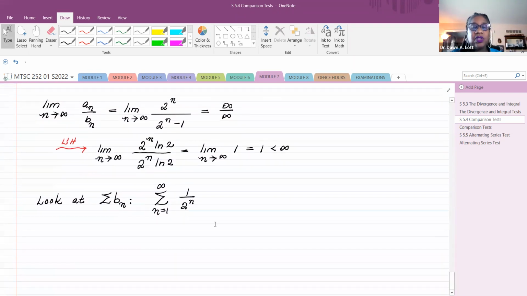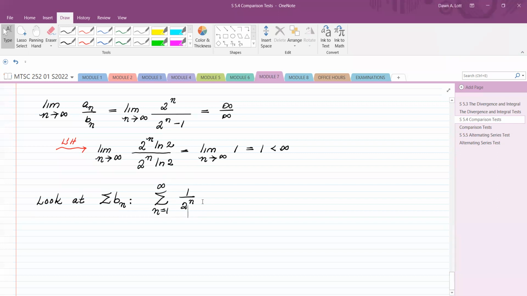Okay, so how can we determine whether or not this series converges or diverges? What does it look like? It kind of has a certain form. So 1/2n? Yes. It looks like the P series.